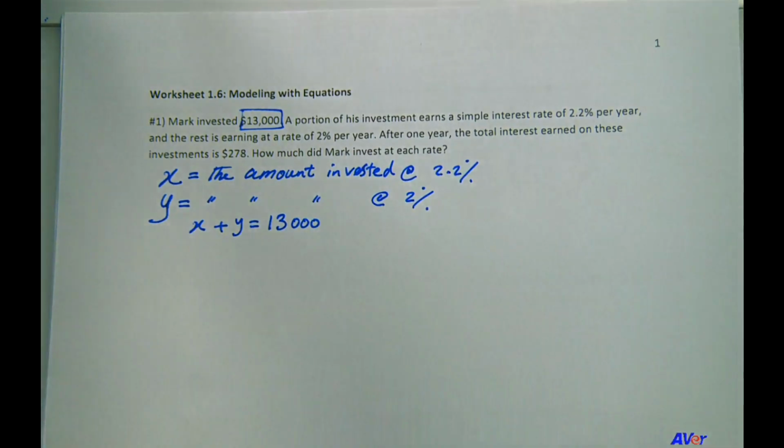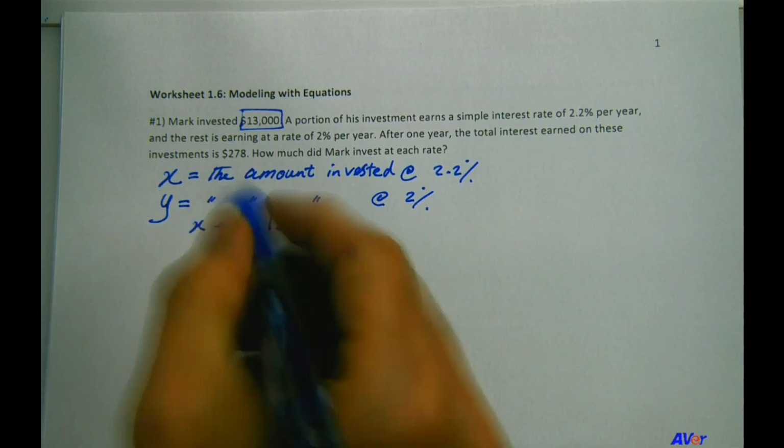Or they need to give us some information with which we can write one variable in terms of the other variable. In fact, some of the word problems we go over today are exactly like that.